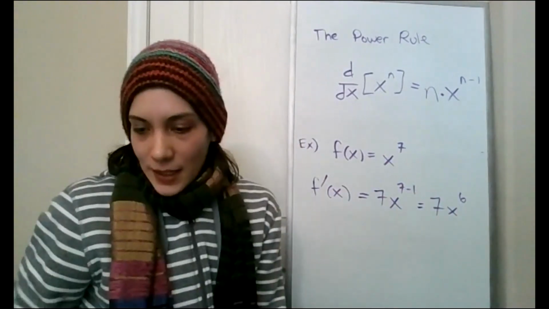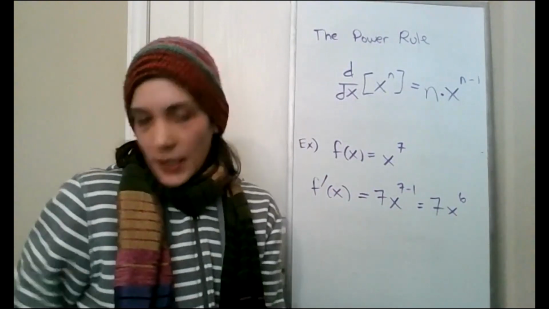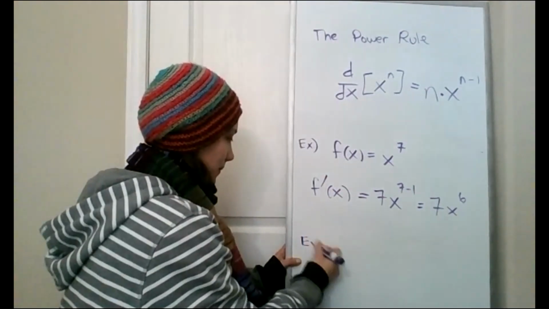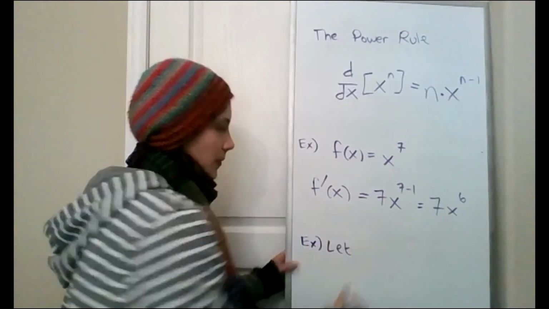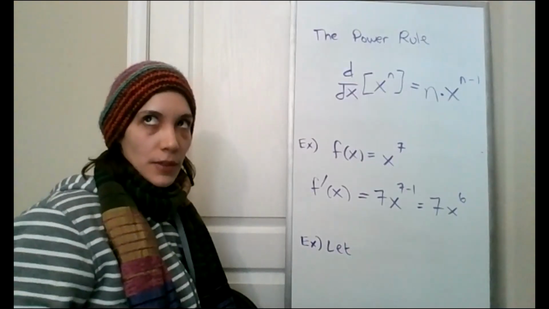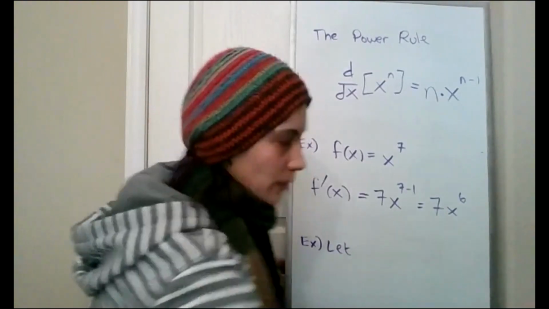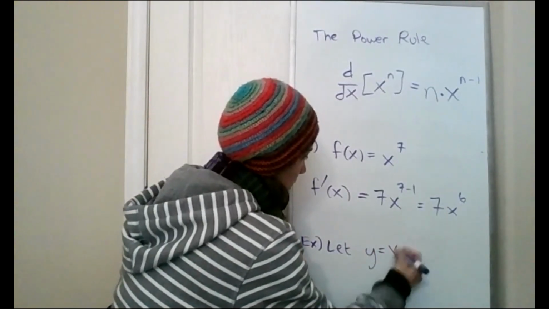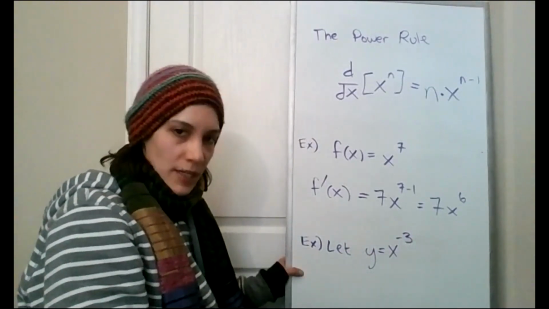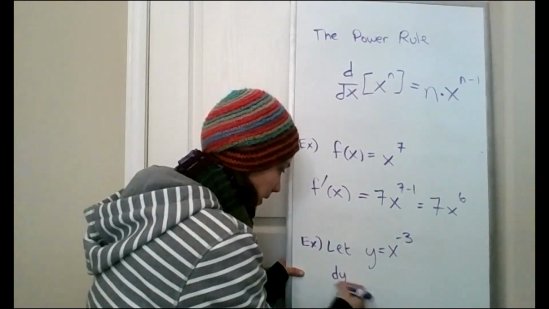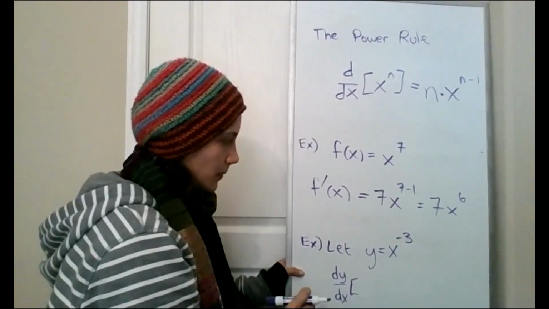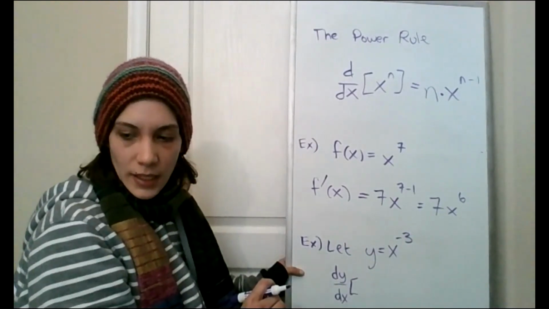Okay, let's do another example. This time I let y equal x to the negative 3, negative third power. Take the derivative of y with respect to x, dy dx. Oh wait, let me make sure I have this written right.